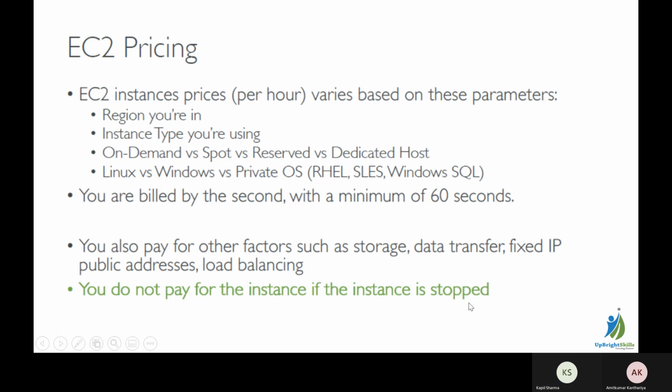So if you run any kind of workload on EC2 instances and that instance is only used 8 hours a day, during your working hours, after working hours you can schedule a shutdown. The instance will shut down after 8 hours, and in the morning it will start again. So you will be charged only for the 8 hours when you run it during a day. For the rest of the hours you will not be charged. In this way you can save cost.